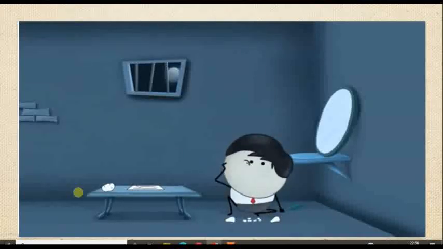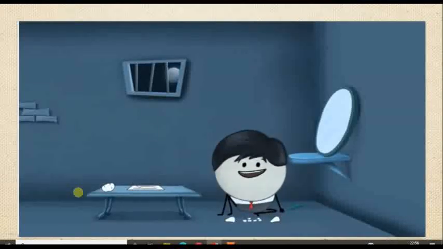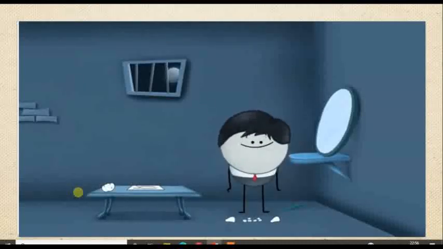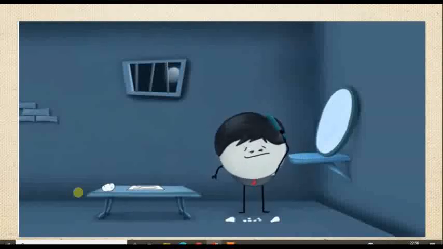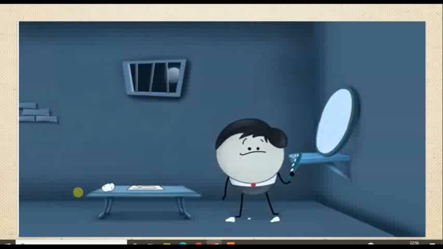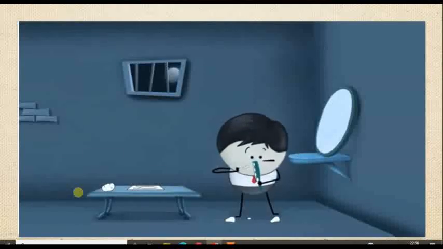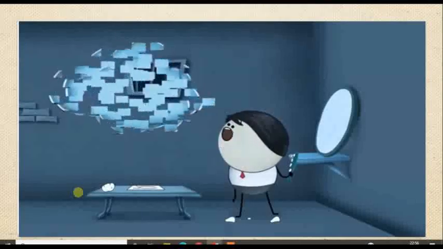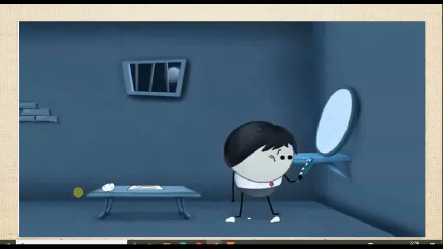We need to do something first. Rub the comb on your dry hair and then bring the comb close to the pieces of paper. See? I was correct. The pieces of paper got attracted to the plastic comb. Do you think it is magic? No. The reason behind this is electric charge.